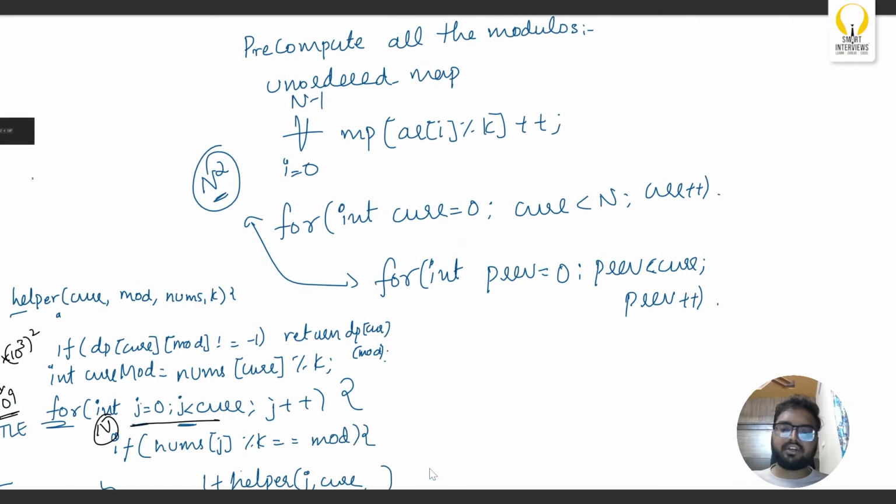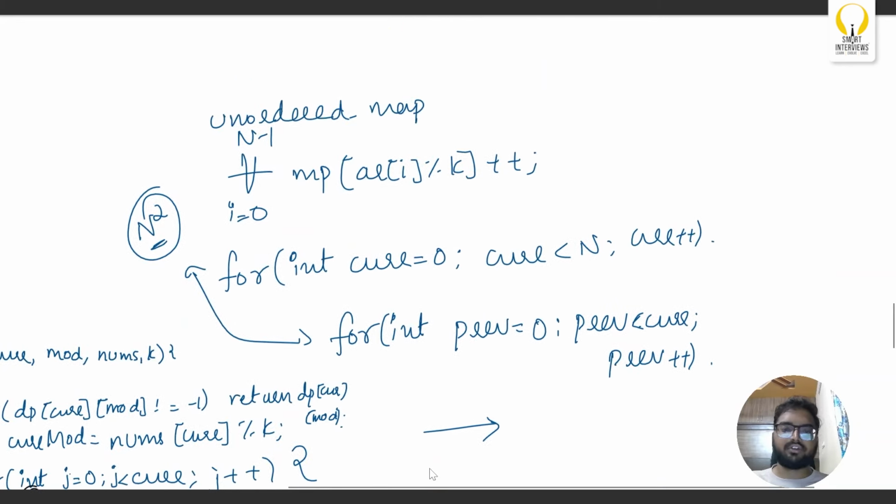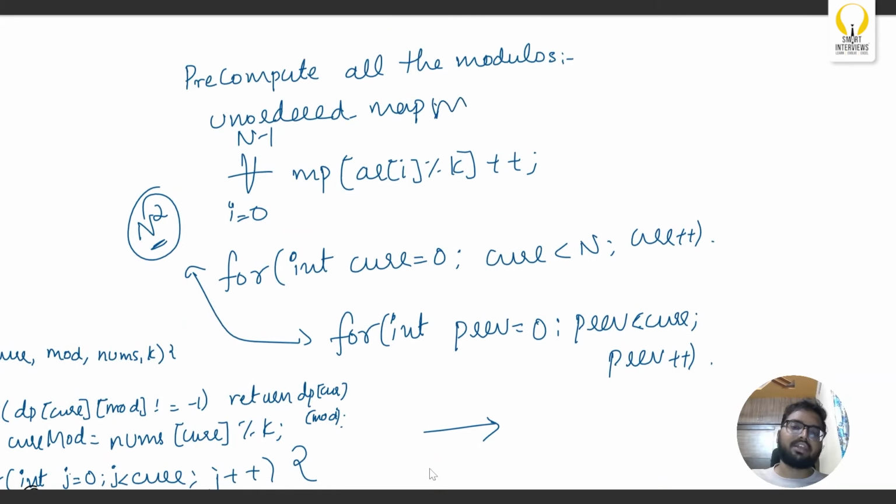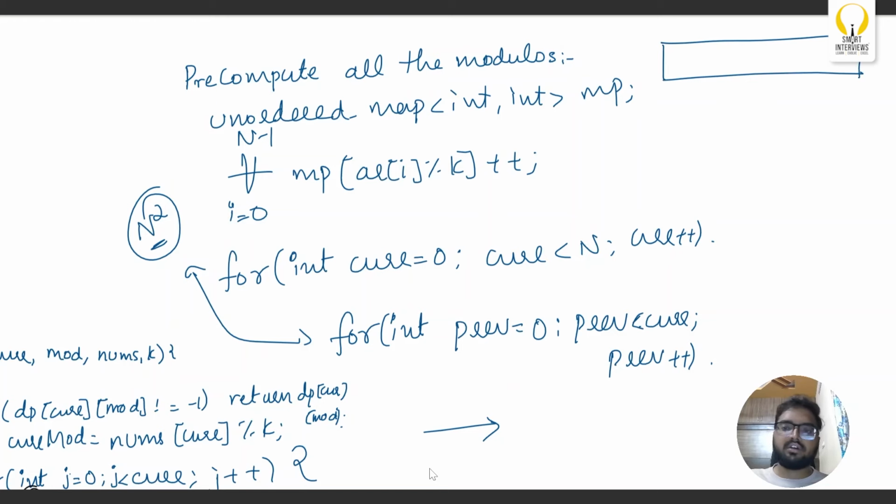And whenever you are trying to check whether it is present or not, you're having an unordered map, let us declare it as something like MP. Whenever you're having an array, let's say you're at this ith index, you have to check in the previous index whether the previous modulus is already present or not.